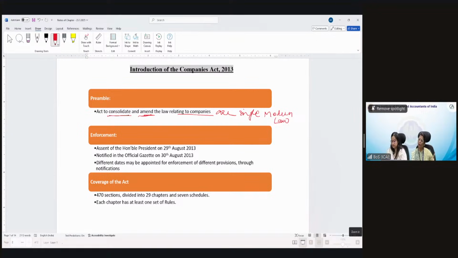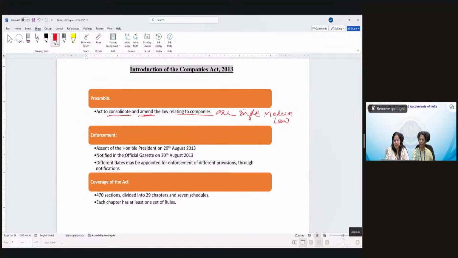Earlier, everything was within one act, or the act had become so bulky that there was a delay in judgments and procedures. That is why our legislators thought about why there is so much pendency in the tribunals and courts, and so they decided to come up with one single modern law focusing on the Companies Act and its regulation, as well as different specific acts regulating specific situations of companies.